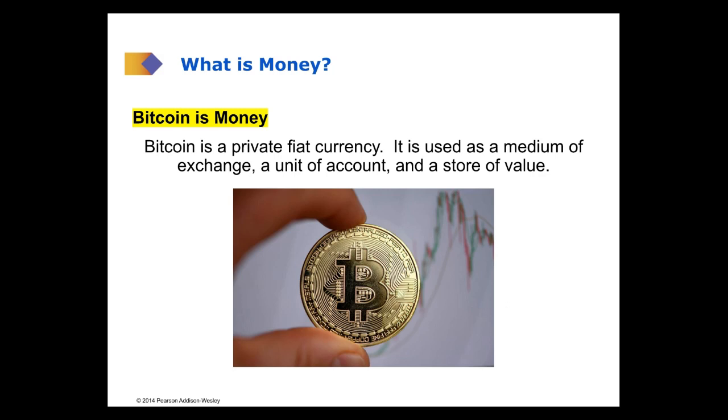It's published. So these are reasons that Bitcoin might be interesting and of value, but it can be used as a medium of exchange. It's a unit of account, and it is a store of value. So Bitcoin and other cryptocurrencies, not just Bitcoin, but really any of these cryptocurrencies are also money. It's just another money.